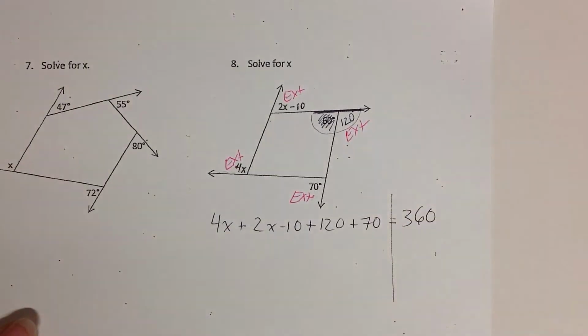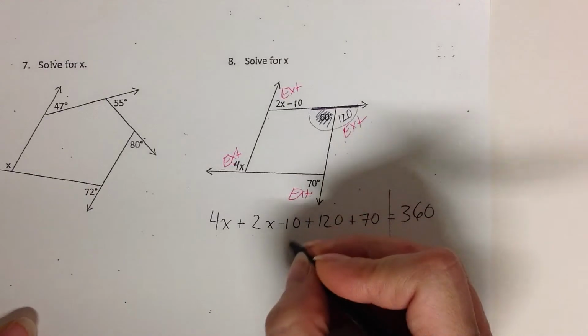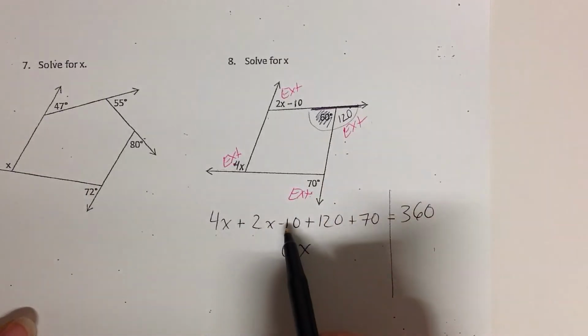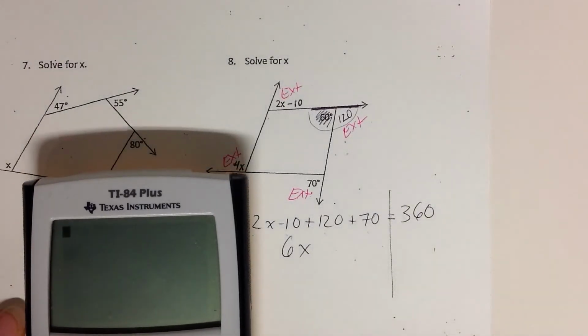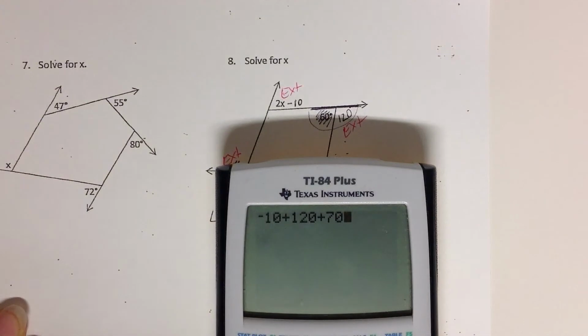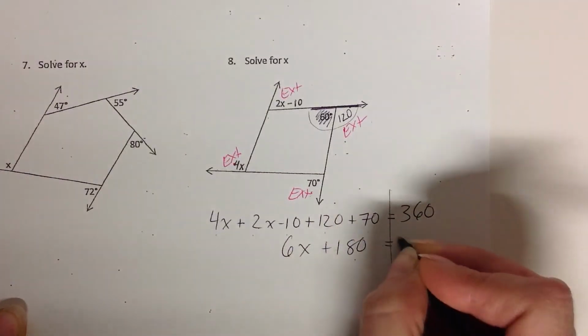Alright, now I'm going to combine like terms. All this stuff's on the left side, so 4x plus 2x is 6x, negative 20, negative 10, 120, 70. I can use my calculator if I'm not confident. Negative 10 plus 120 plus 70 is 180.